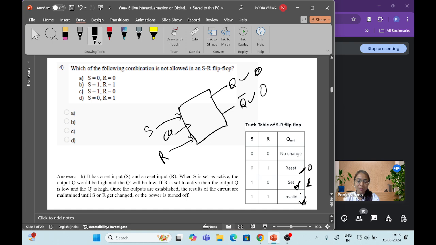This limitation of the SR flip-flop has been solved by the JK flip-flop. So this is the truth table of an SR flip-flop. When both S and R are 1, it is an invalid state, so that is not allowed in SR flip-flop. Option B is the correct answer.